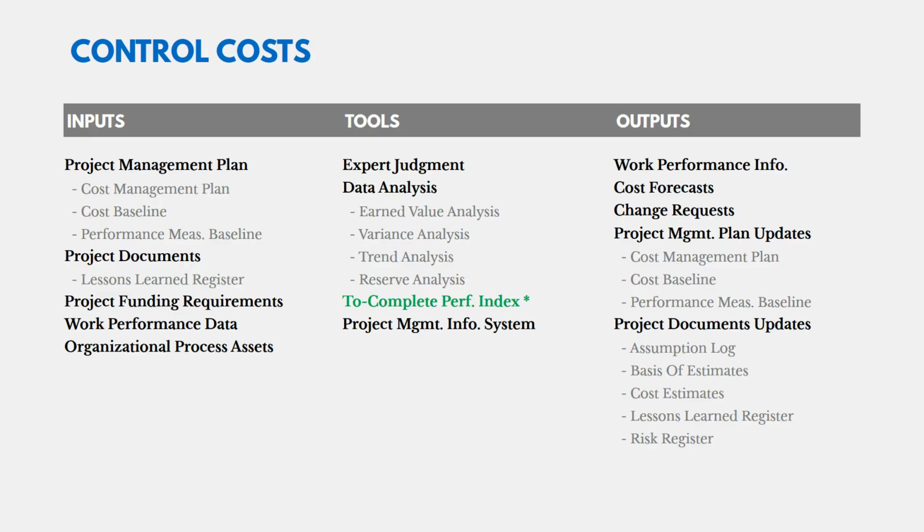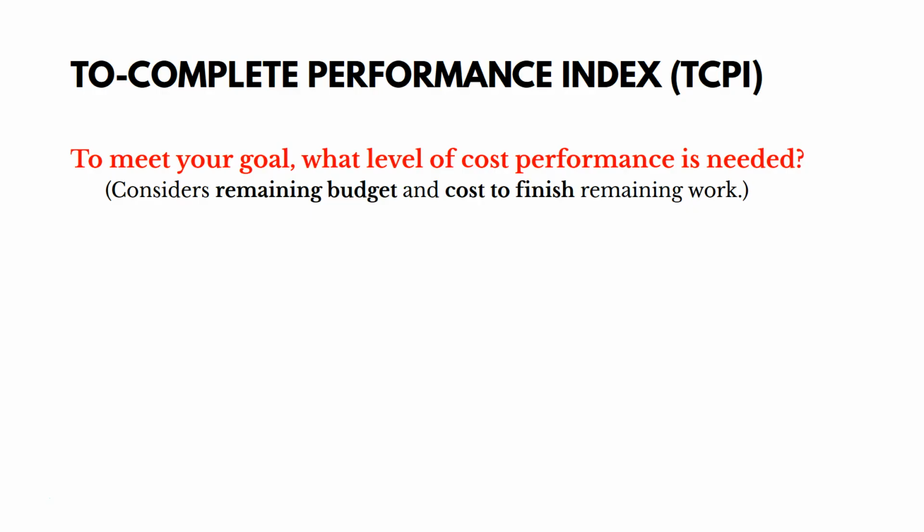And then there's also something called the To Complete Performance Index. So as we monitor and manage our costs, as we use earned value analysis, if we do, we might come up with something called the To Complete Performance Index, the TCPI. So really what this is asking is, if we want to meet our cost goal, what level of cost performance is needed?